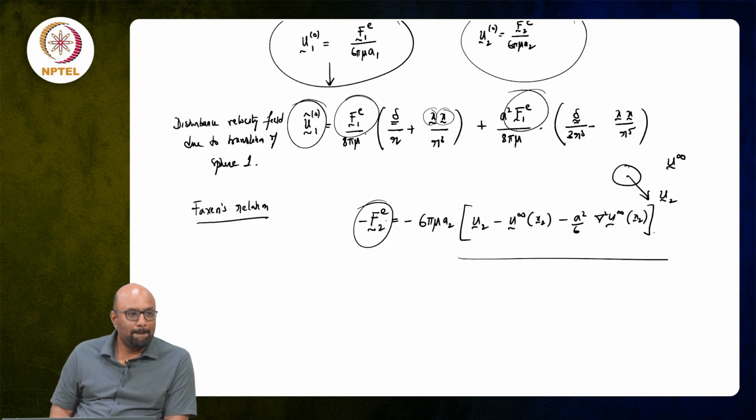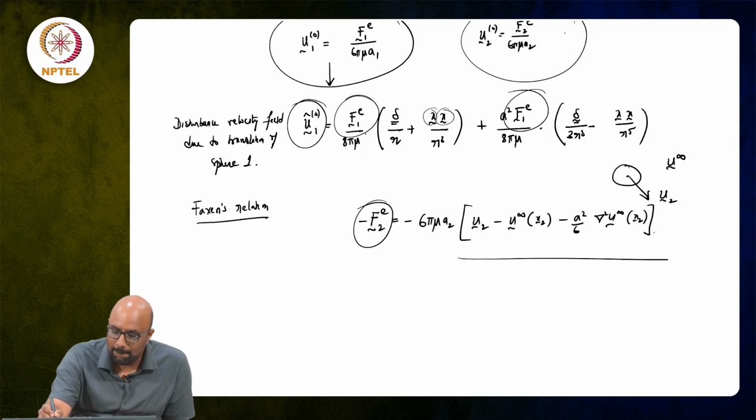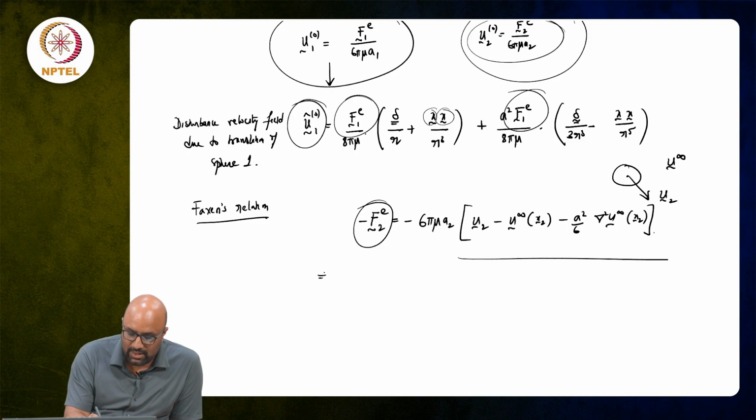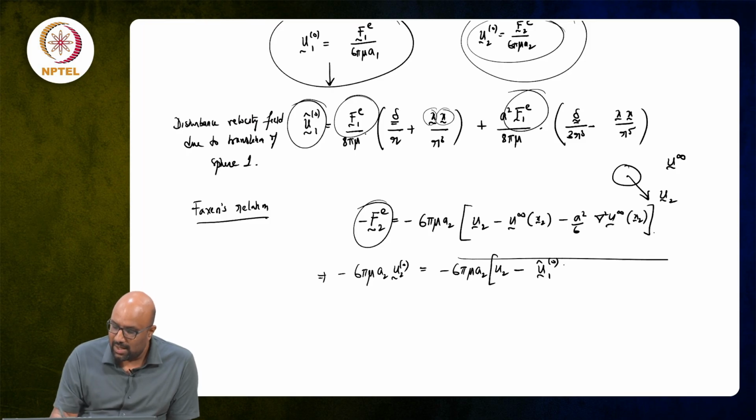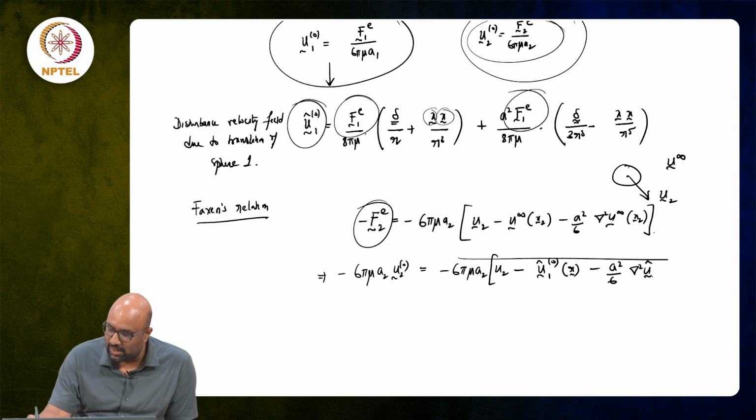So, what is F2e? F2e is minus 6 pi mu A2 U2 0, right, is equal to minus 6 pi mu A2 times U2 minus U infinity, which is now the disturbance of sphere 1 evaluated at the center of sphere 2, at a separation vector of r from sphere 1, minus a square by 6 del square u infinity, which becomes del square u1 0 at r.